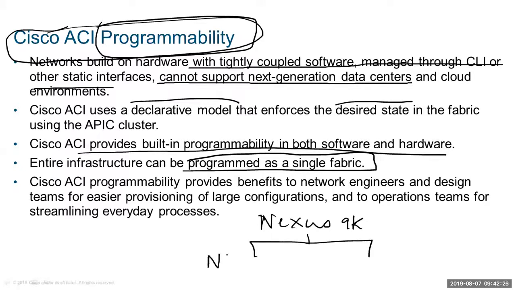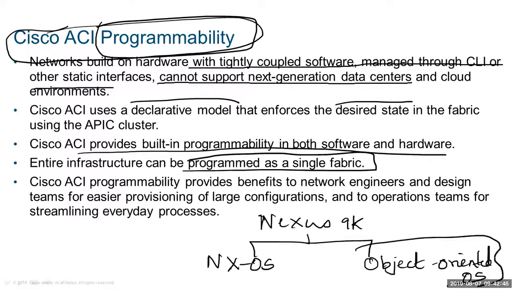One is, of course, the regular NX-OS. And the one that we use for ACI is the object-oriented operating system. So if you think about it, even at the device level, they've kind of changed the operating system to be more of an object-oriented one.